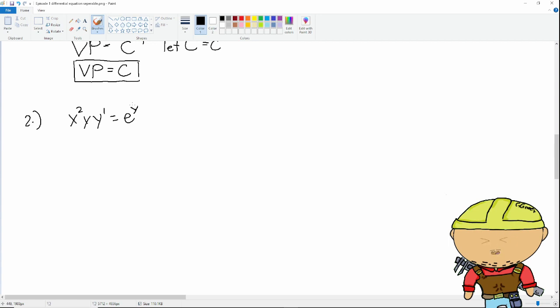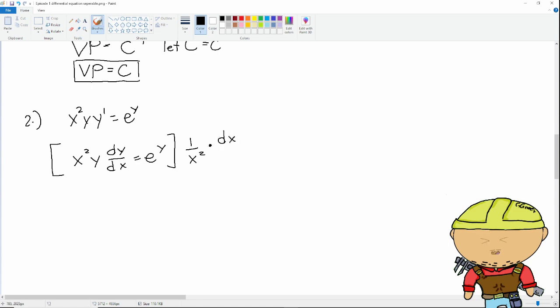Again, for separable variables, we need to separate both sides. To solve it clearly, we substitute y prime with dy over dx, e raised to y, and multiply both sides of the equation by 1 over x squared to eliminate x squared on the left side and move it to the right side.